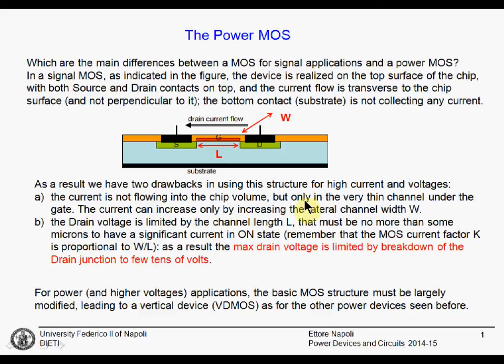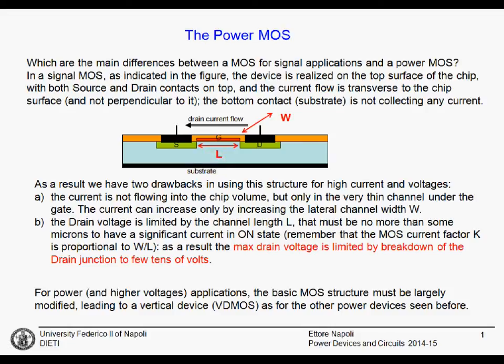Another very important motivation is that the drain voltage is limited. The blocking capability of this device is very small, because of these two junctions. If you bias this terminal here, a depletion layer builds up, and when this depletion reaches the source, you have breakdown, the punch-through point, and you don't sustain any voltage. This means that the channel length determines the voltage capability.